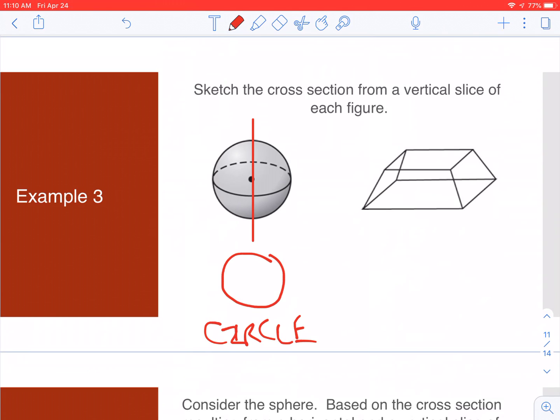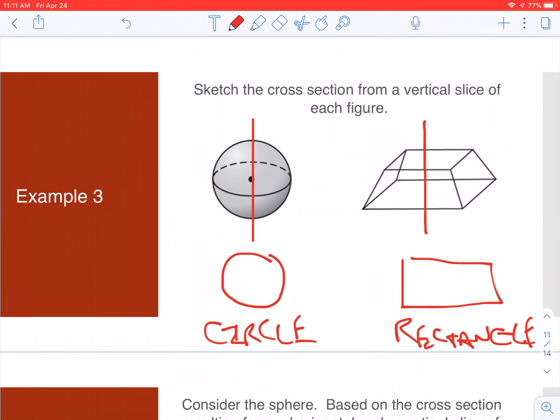Okay, this one is a little more tricky. If I cut it straight down the middle and I opened it up, it would be a rectangle. Some of you might say, well, shouldn't it be a trapezoid?